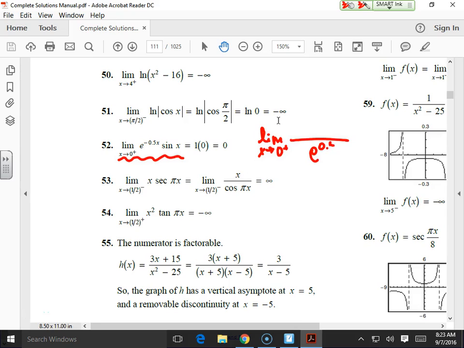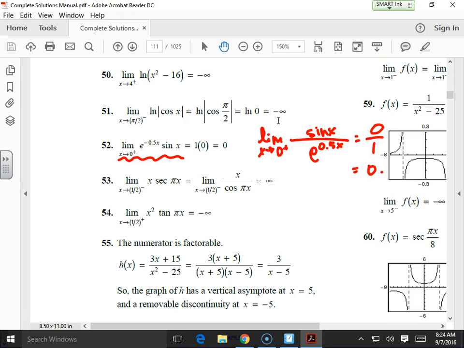So I can do e to the 0.5x over sine of x. First thing we try is plugging in, right? What's sine of 0? What's e to the 0? Oh, that wasn't even a problem. Because 0 over any number other than itself is? That was a tricky one. You might have thought it was something fun, but it's not.